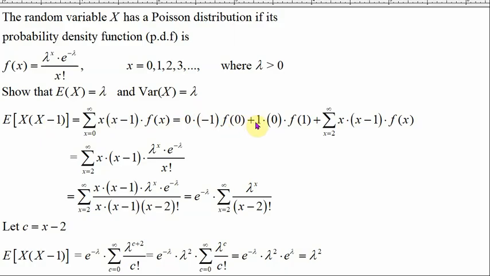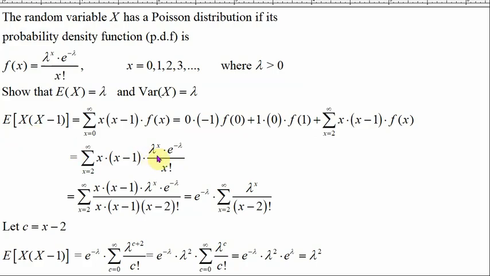And then plus, when x is 1, we get 1 times 0 times f of 1. And then plus the infinite sum starting with x equal to 2. And then we can see that this part here is 0 and this is 0. So we get the infinite sum starting at 2 of x times x minus 1 times f of x.